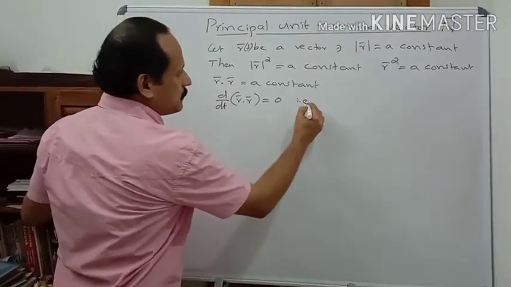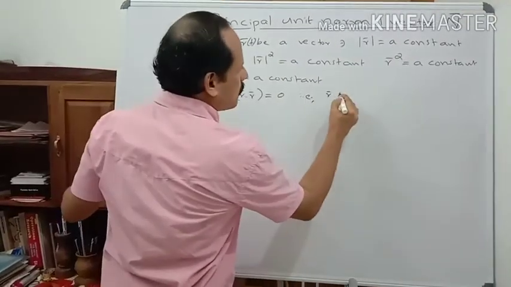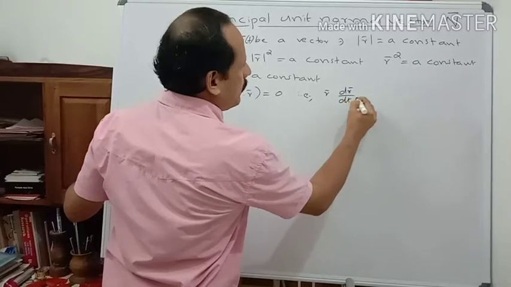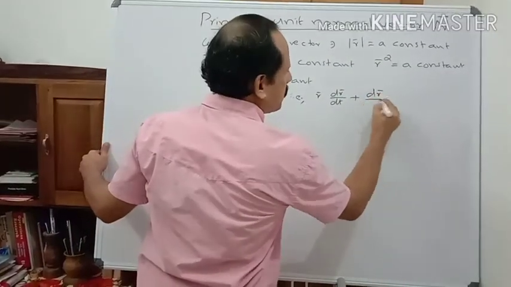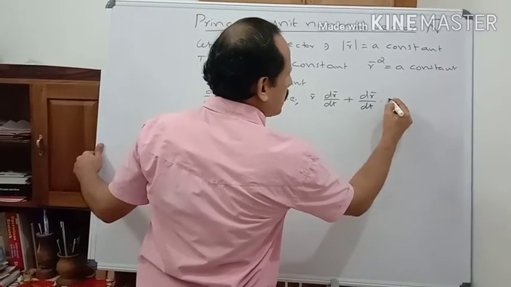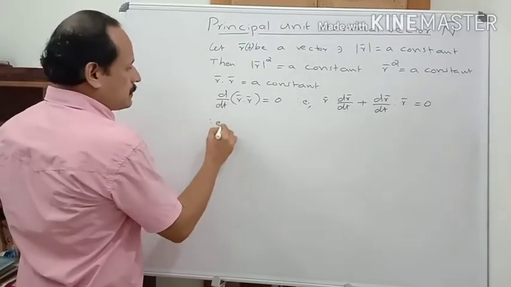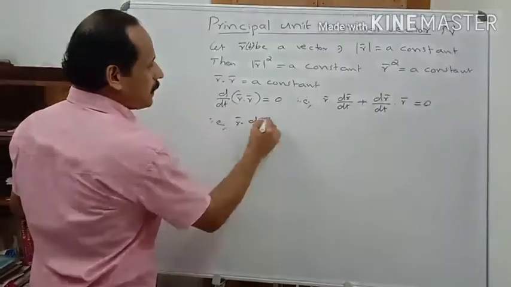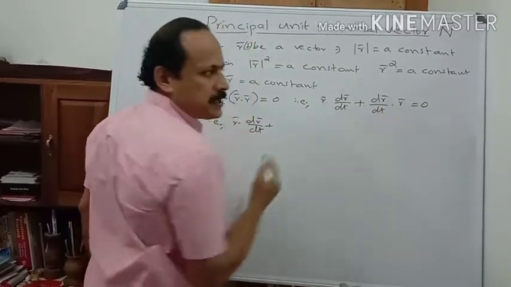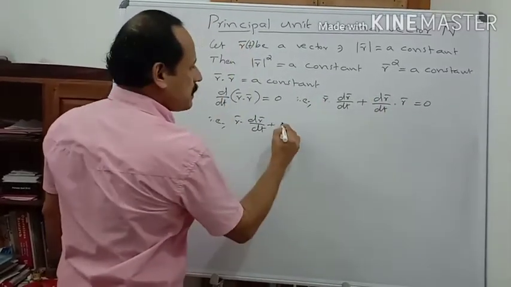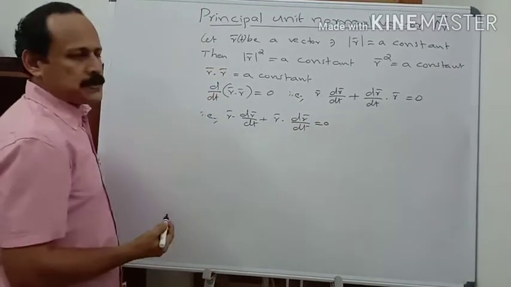That is, using product rule, it is r bar dot dr bar by dt plus derivative of the first, that is dr bar by dt dot the second vector r bar equal to 0. We know that dot product is commutative, therefore this is the same as r bar dot dr bar by dt equal to 0.